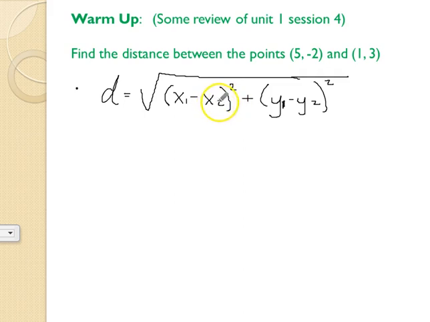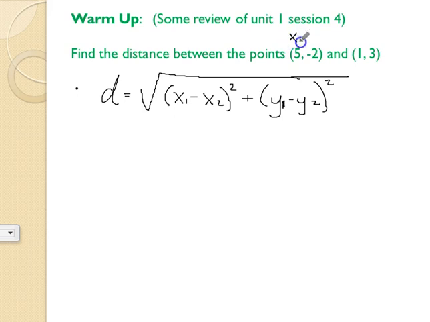The only thing that's important is whatever order you go in for your x-coordinates, you do that same order for your y-coordinates. So if you like starting with the second x-coordinate and subtracting from it the first x-coordinate, that's fine as long as you start with the second y-coordinate and subtract from it the first y-coordinate. So whichever order you like doing, that is okay as long as you're doing the same thing for your x and y coordinates. So here we go.